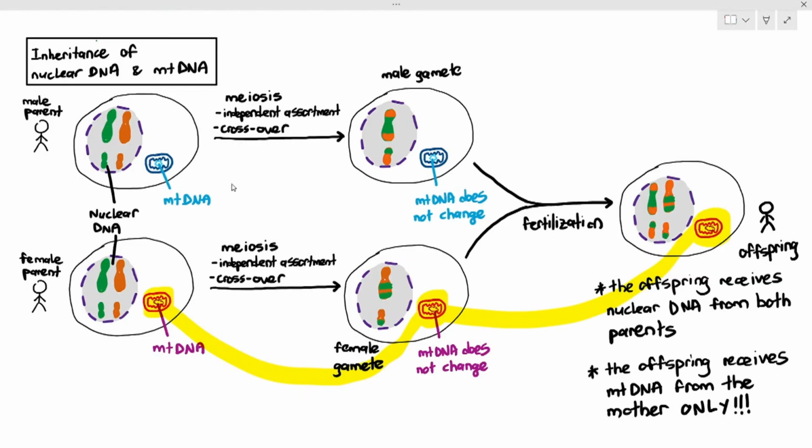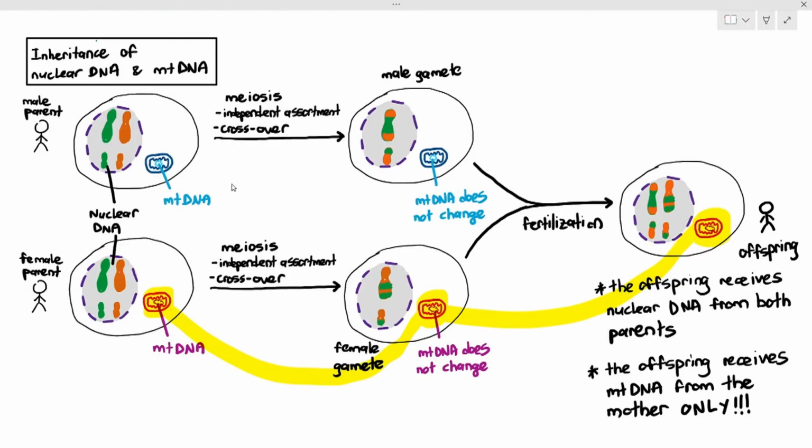You don't have to know the reason why, but if you want me to explain it, it's because the female gamete is quite large. For example, when the sperm fuses with the egg, only the nucleus of the sperm enters the egg cell. The mitochondria of the sperm remain outside, so they are not included in fertilization. So the offspring will only receive mitochondrial DNA from the mother.